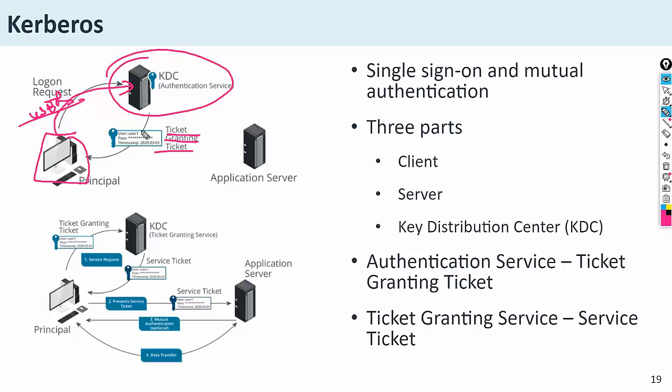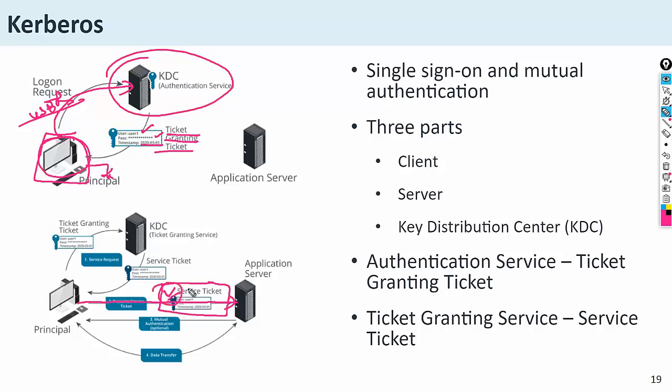It will hold something like user 01 with this password and this time, and then the ticket is there. The next time, it will use the same ticket with the application server, and the application server will check this ticket.